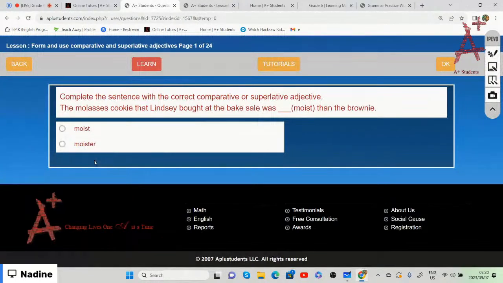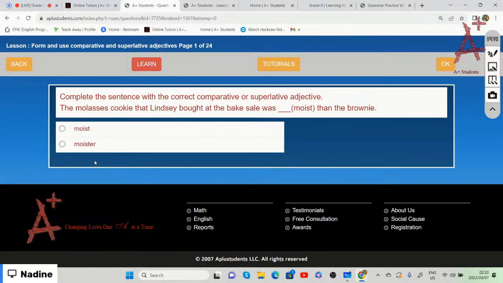We need to complete the sentence with the correct comparative or superlative adjective. The molasses cookie that Lindsay bought at the bake sale was moist or moister than the brownie. We need to say which one it is.